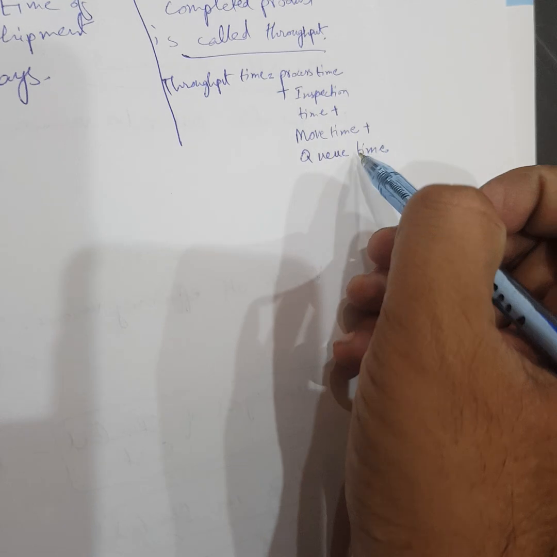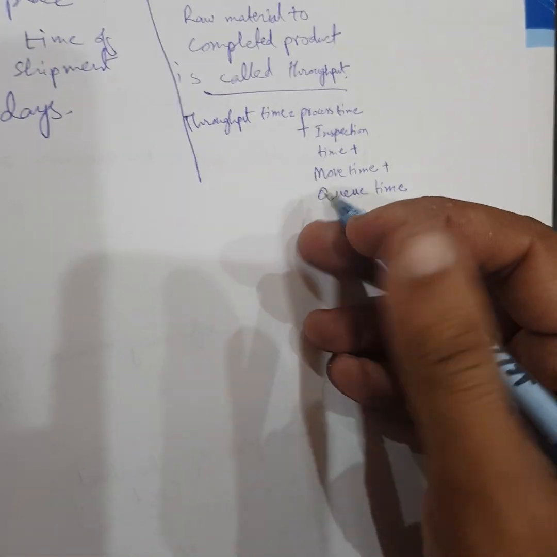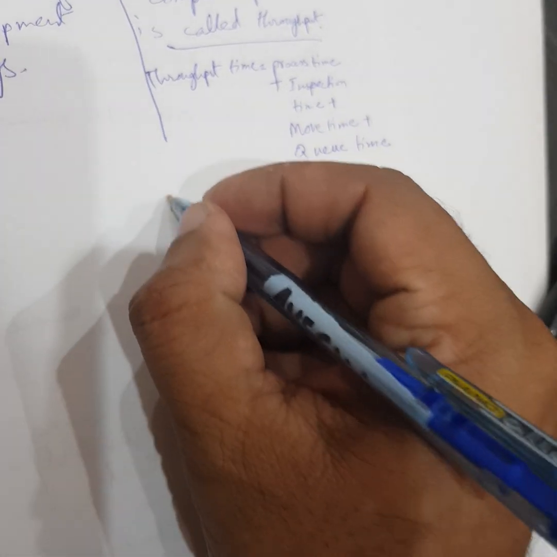By adding all these times, we will get our throughput time.